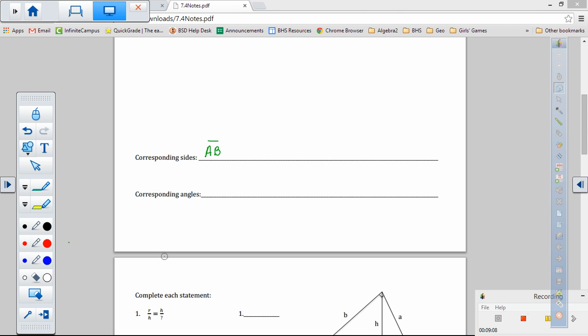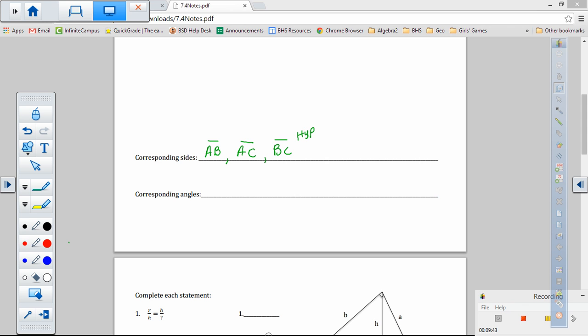It corresponds with, in the large triangle, the hypotenuse, which is side AC. So we have AB, we have side AC. We'll just separate them with commas. These are the ones that are all corresponding to each other. So we had AB, we have AC, and in the last one, BC. Those were all of our hypotenuses.